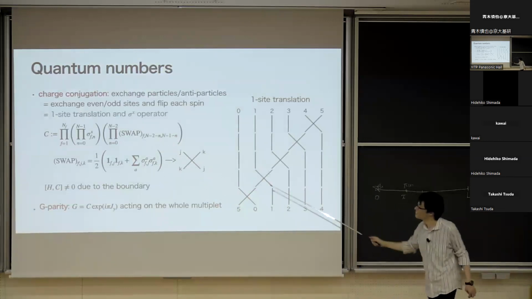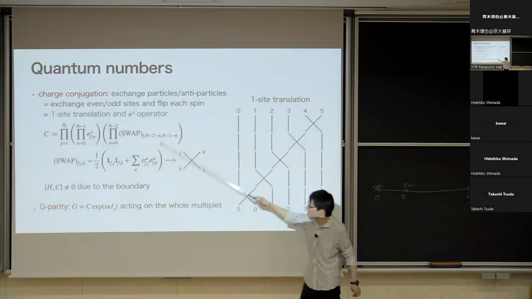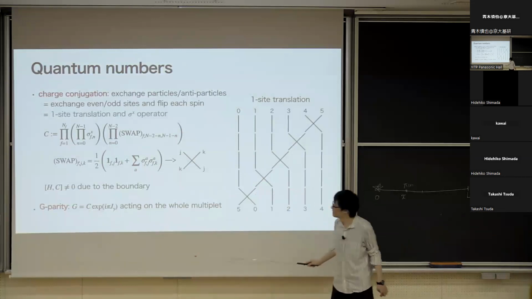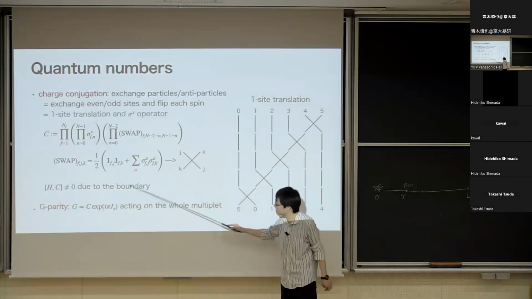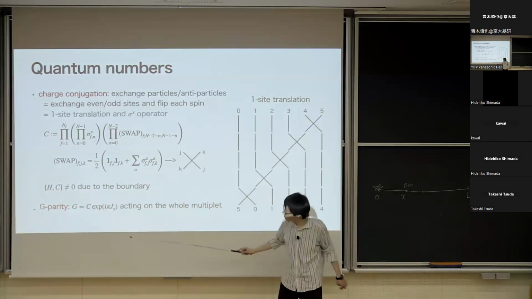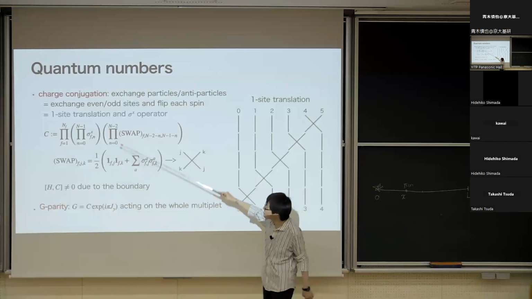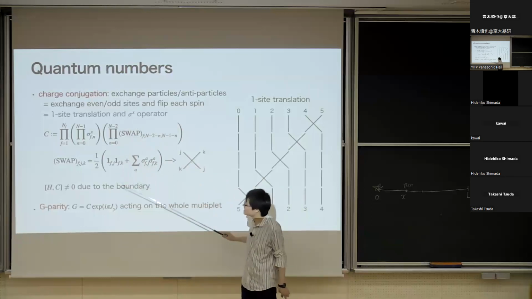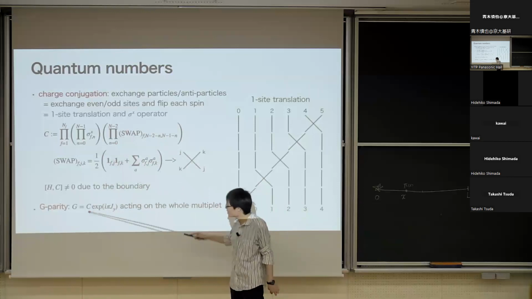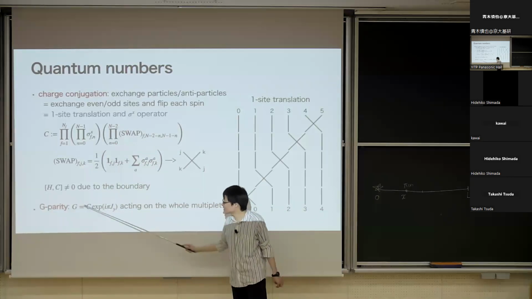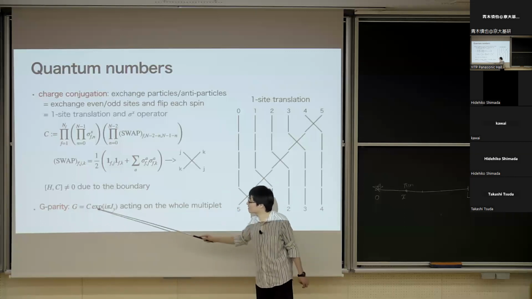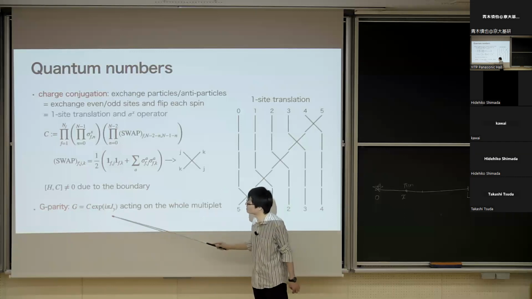But charge conjugation does not completely commute with the Hamiltonian due to the boundary effect. But anyway, we can still use the approximated operator. Note that charge conjugation can act only on charge neutral states. So a nice quantum number is G parity, the so-called G parity, which is charge conjugation combined with exponentiation of an isospin operator.